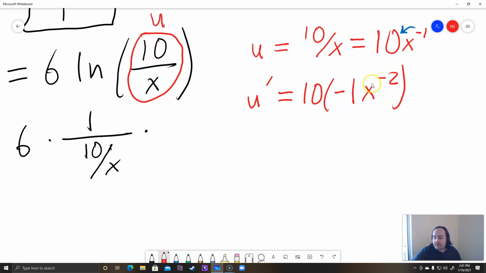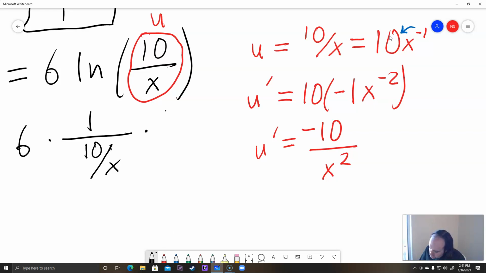And then we can simplify this. Okay, so we can rewrite this as negative 10 over, moving this negative exponent back to the bottom, it's going to become a positive exponent of x squared. So u prime is actually going to equal negative 10 over x squared.